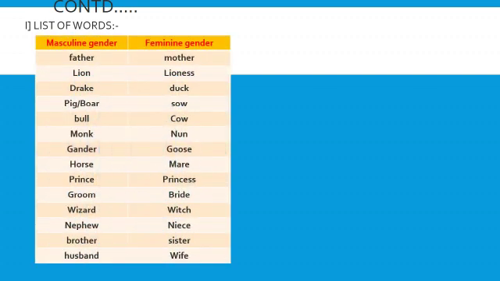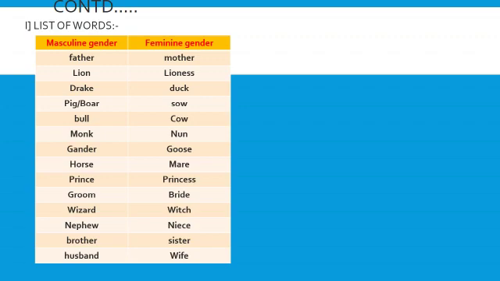The first is the column of masculine gender and the second one is the feminine gender. Now here we have the males and their female counterparts. First one is father. Father is a man, so he falls in the category of masculine gender.